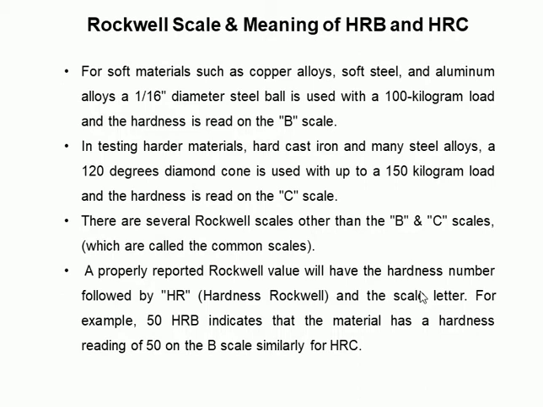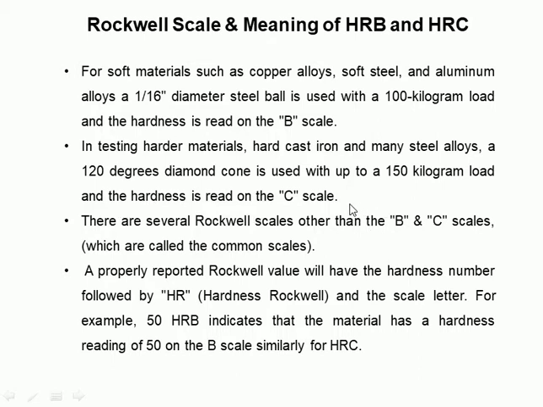In testing harder specimens, hard cast iron and many steel alloys, a 120-degree diamond cone is used with up to 150 kg load, and hardness is read on the C scale. For a soft material we use the B scale, and for a hard material, like the materials I discussed, it is read on the C scale.